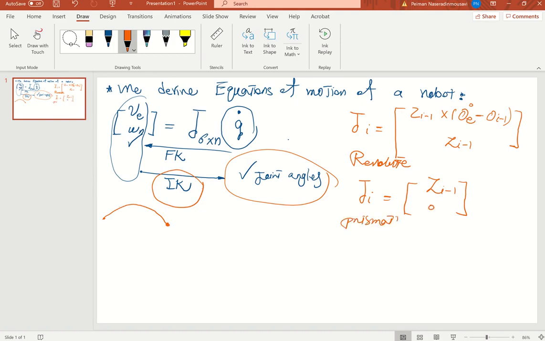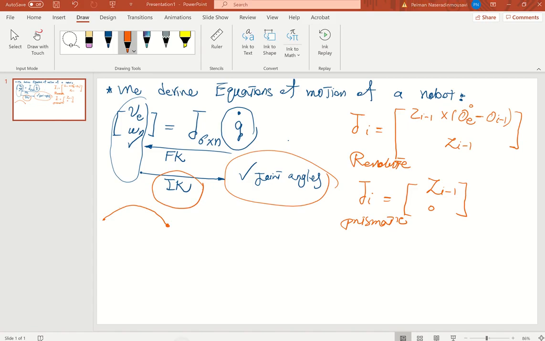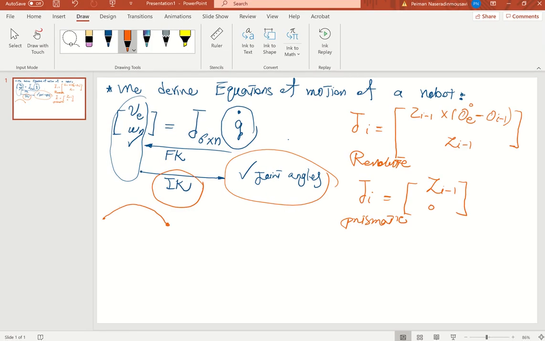That's right. This is what we have done for the 3D dimension. Remember that Zi minus 1 was the rotation matrix of i minus 1 in the k direction. We have done this in theory and in MATLAB.